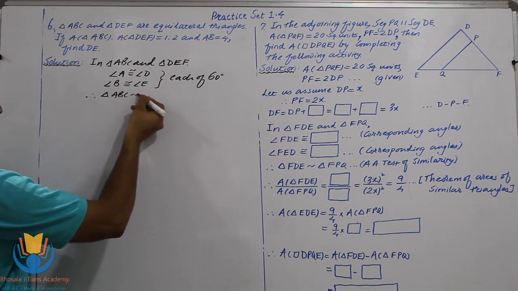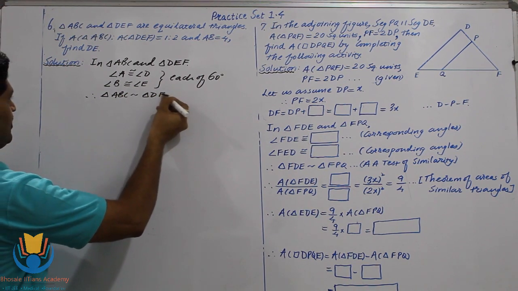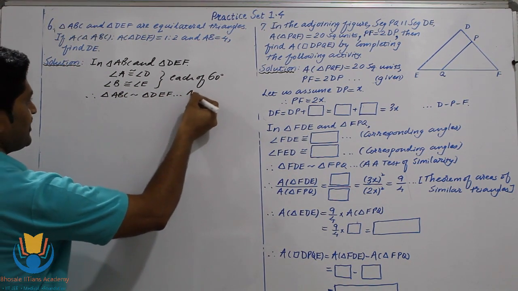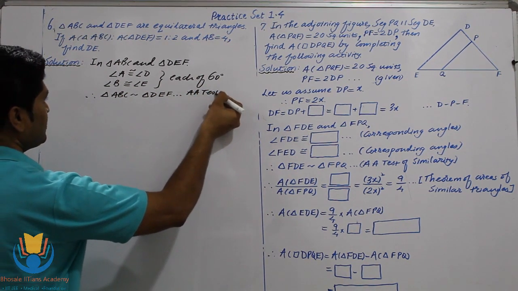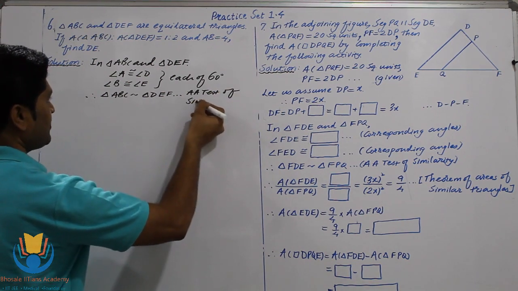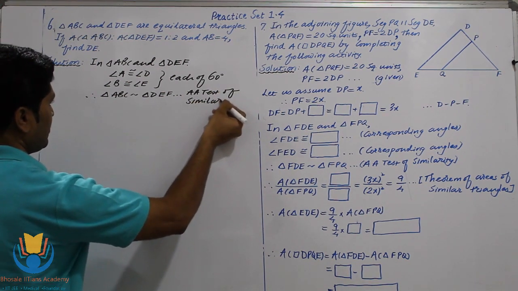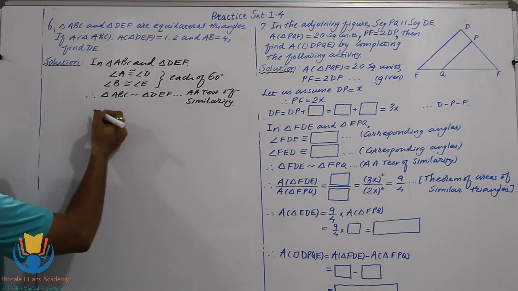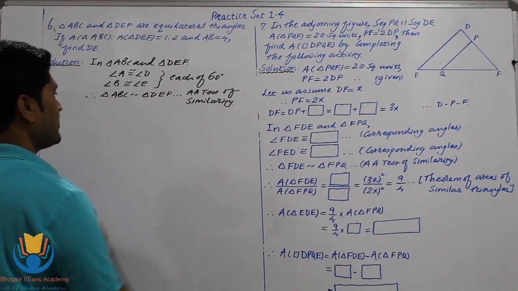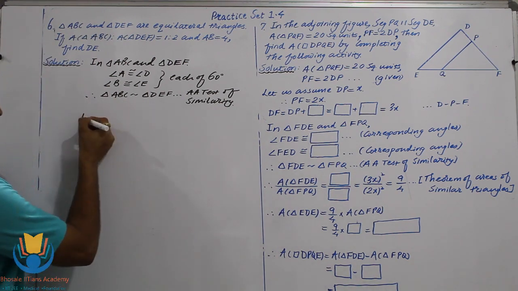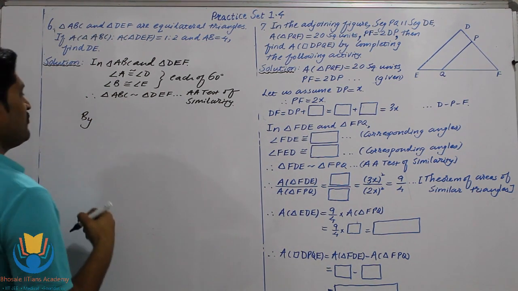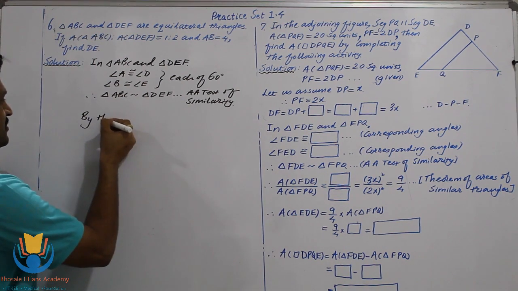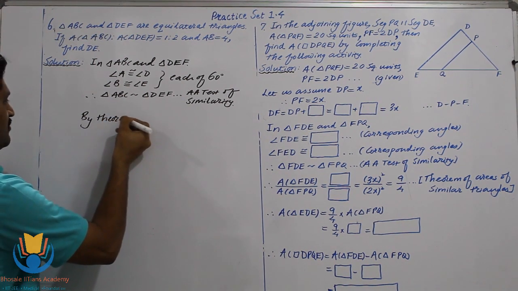So here we will write triangle ABC is similar to triangle DEF, and here we will write AA test of similarity. And as the triangles are similar, either their corresponding sides are in proportion or we can use the theorem of areas of similar triangles. So here we will use the same theorem.